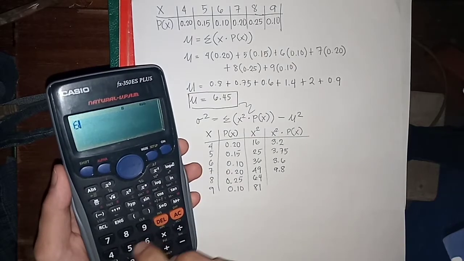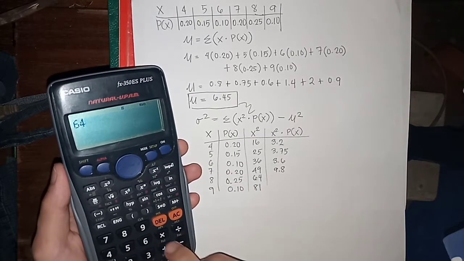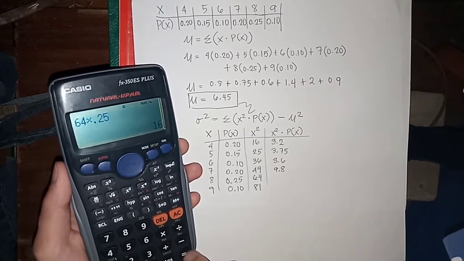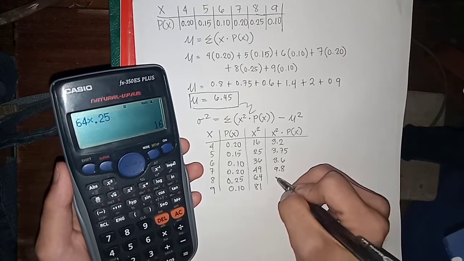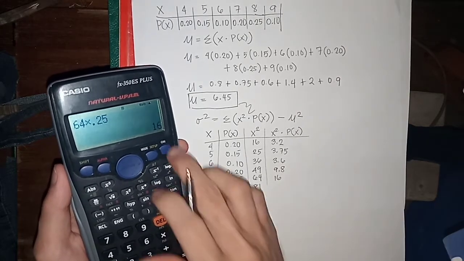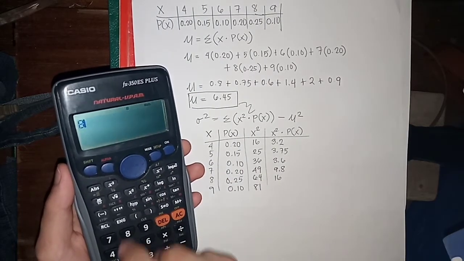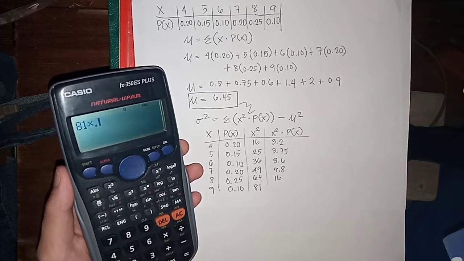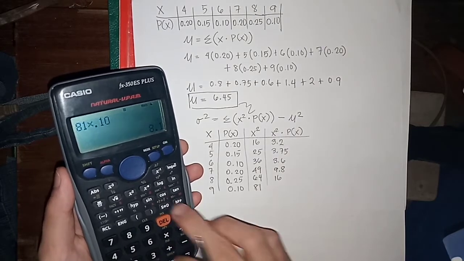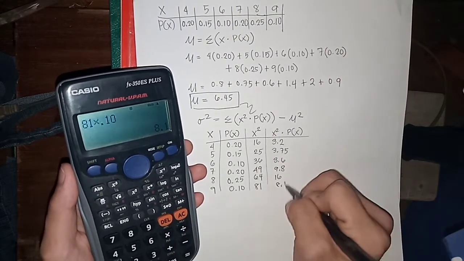If I'm going to multiply 64 by 0.25, that is equal to 16. I'm going to multiply 81 times 0.10, that is equal to 8.1.